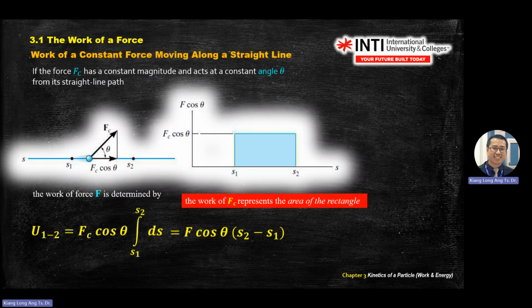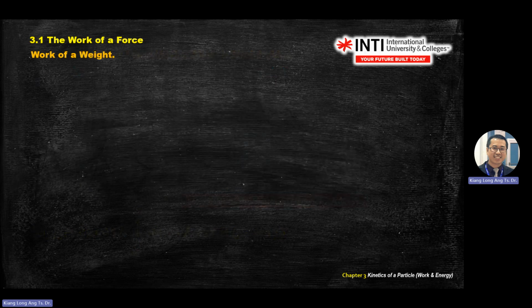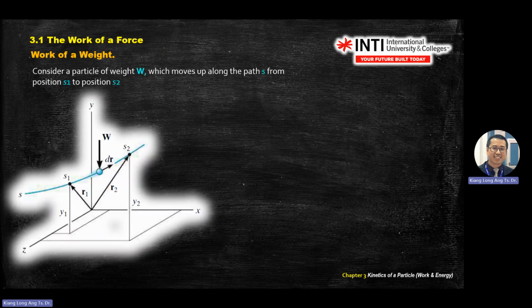Next, we look at different types of force. You have the force done by the weight. Weight always points down on Earth. The r is the direction of the position.